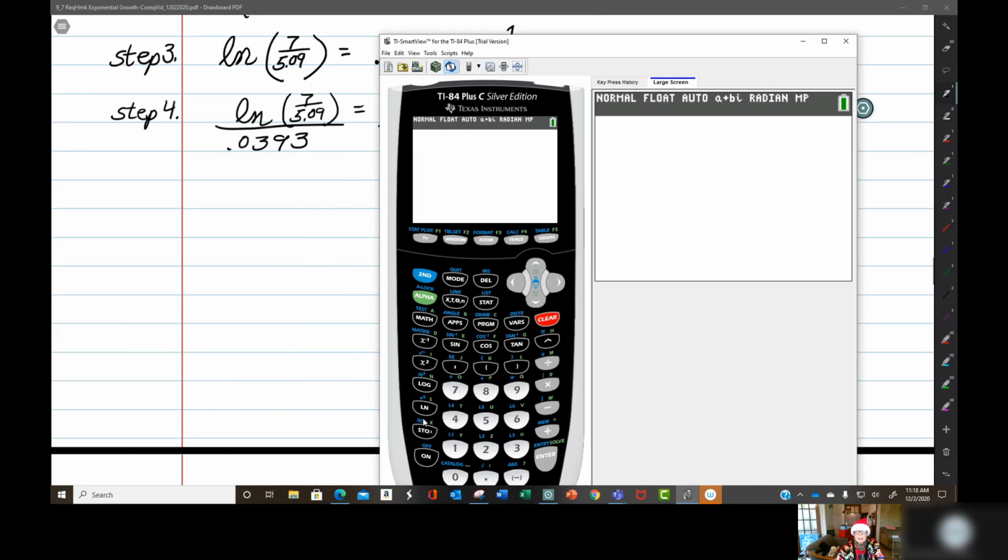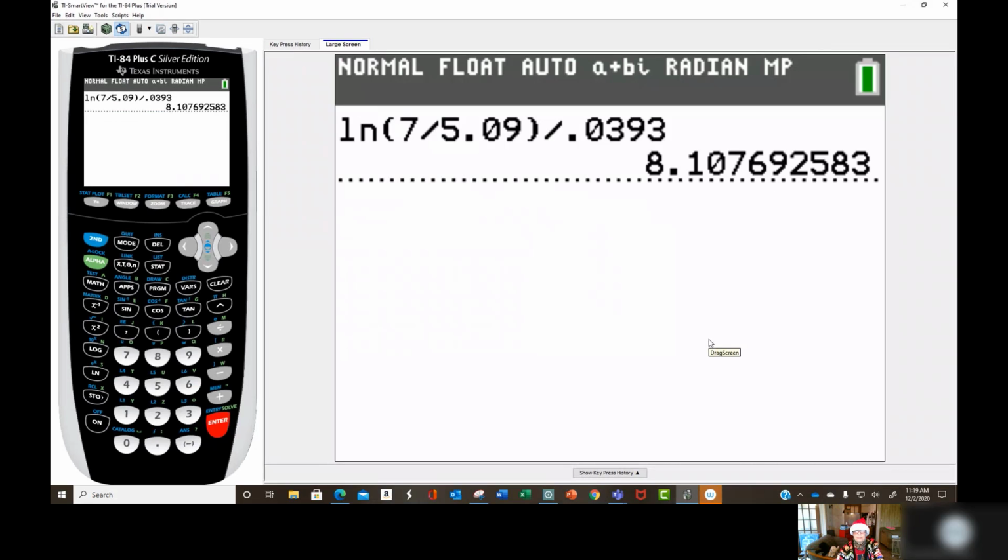I'm going to take the ln of 7 divided by 5.09, parentheses closed, divided by 0.0393. Then hit enter. And that's what I get.